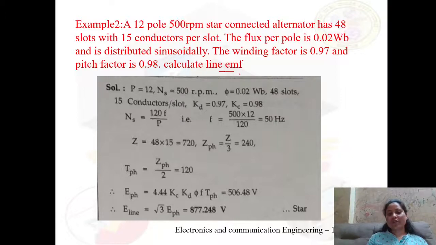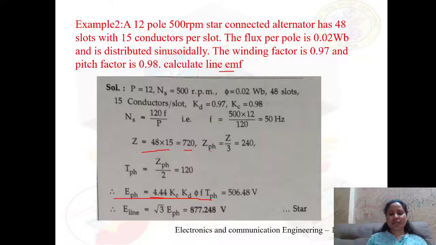In order to calculate EL, we have to calculate EPH first. So let us note down whether we have all the parameters. We have number of poles as 12, speed is 500 RPM, and 48 slots and 15 conductors. Total number of conductors Z is 48 into 15, which is 720.